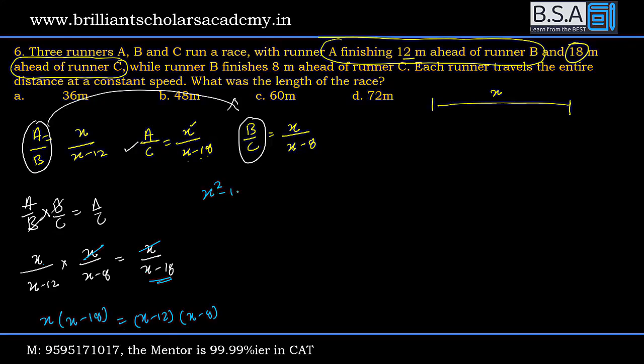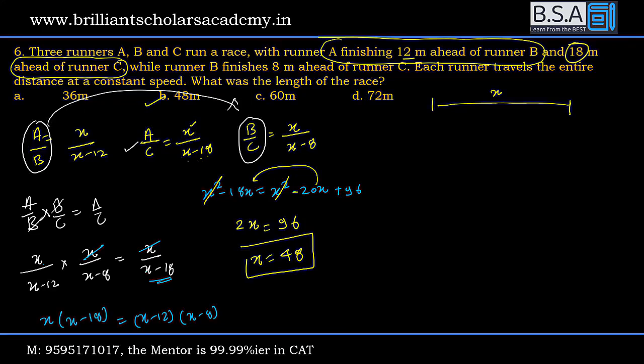X square minus 18x, right side में हो जाएगा x square minus 20x plus 96. देखो, as soon as you notice what is cancelled, x square is cancelled. ये 20 इधर आके पॉजिटिव हो जाएगा. 20 minus 18, 2x. 20 comes on this side, it will become positive ना. इक्वेशन चेंज करते हैं, प्लस हो जाएगा 96. How much is x? 48 meters. The race length is 48 meters.